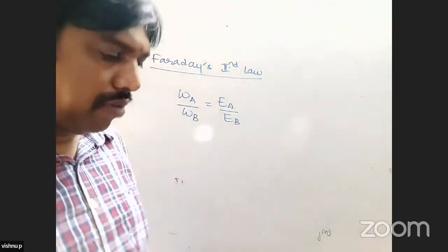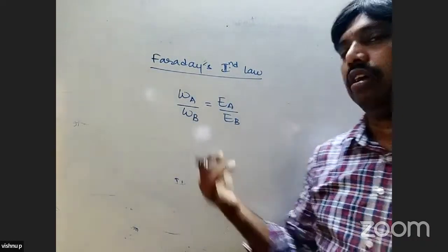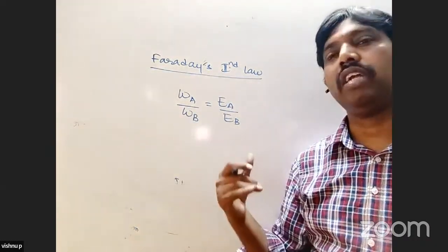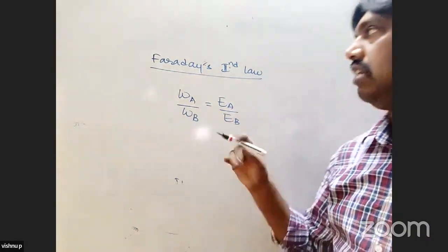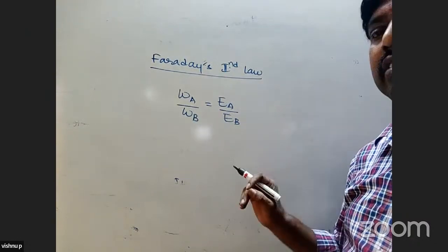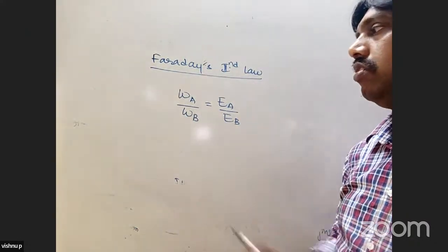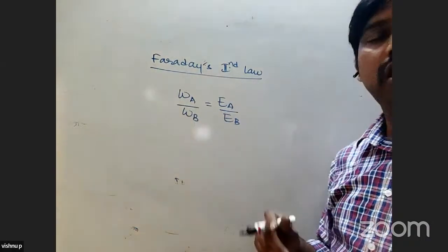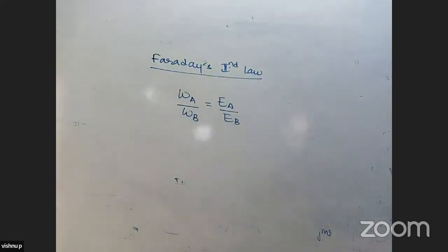When we pass the same amount of electricity through different electrolytic cells, the amount of substance deposited is directly proportional to the equivalent weight of the substance. That is called Faraday's second law. It explains the relation between the weight of substance deposited and the equivalent weight of the substance.